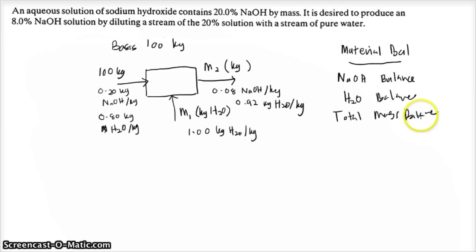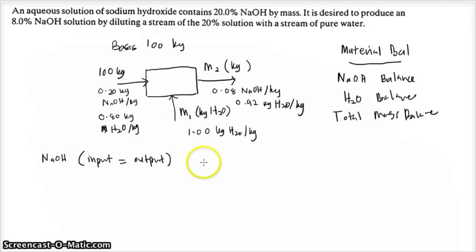So let's do the sodium hydroxide balance. As we studied before, for sodium hydroxide it is what comes in and what comes out. So let's write it first: the input equals the output.